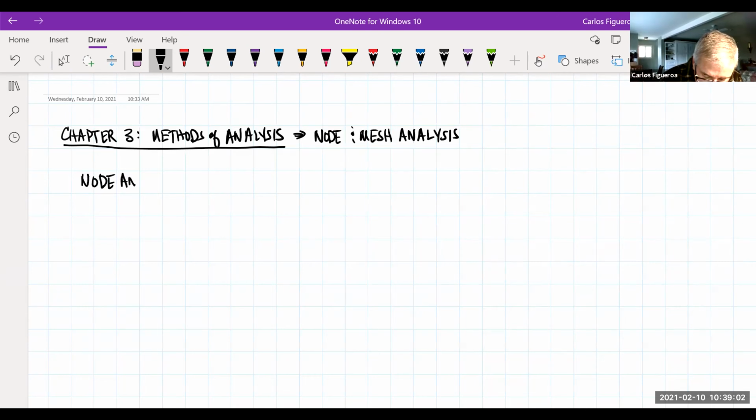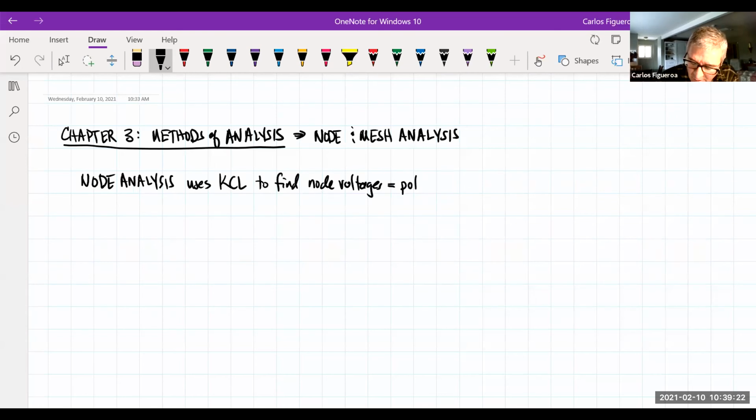Node analysis uses KCL to find node voltages. And you've got to be careful. A node voltage is a potential. So a node voltage is meaningless.